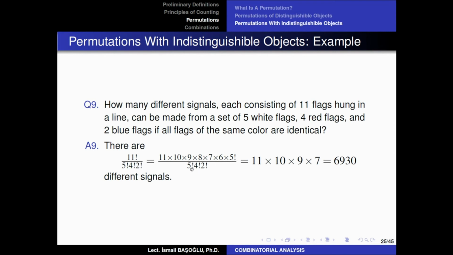So 5 factorial can simply cancel out with the 5 factorial in the denominator. The remaining 4 factorial and 2 factorial can cancel out with several components in the numerator, and we will only have the product of 11, 10, 9, and 7, and we can create 6,930 different permutations with these objects, some of which are indistinguishable from each other.